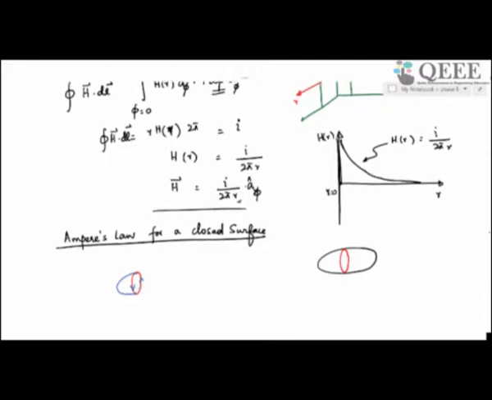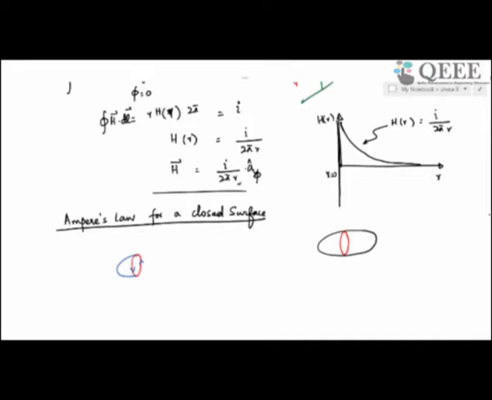Because the electric field is changing, it's not a static case, it's a time dynamic case, and I can say that loop integral across this C1 H dot dl is equal to, I can write current as surface integral J dot ds, right, where J is the surface current density.